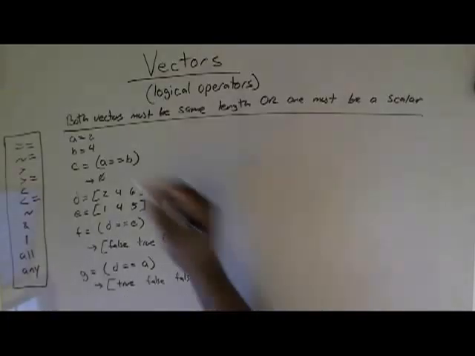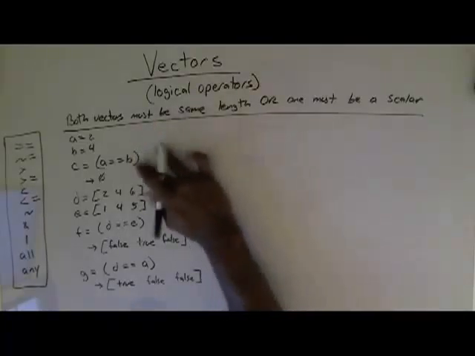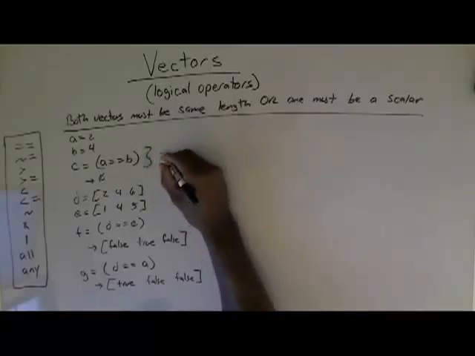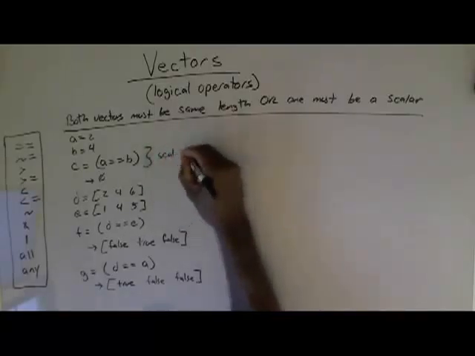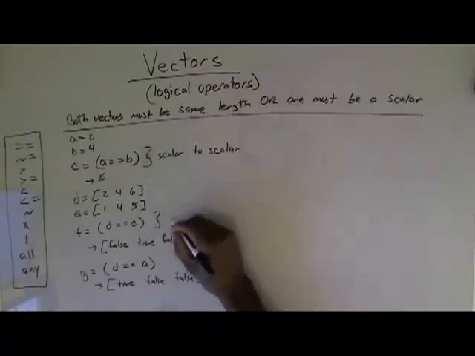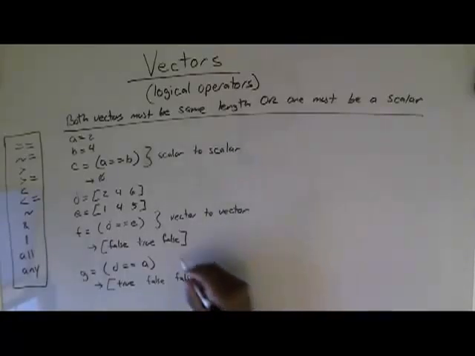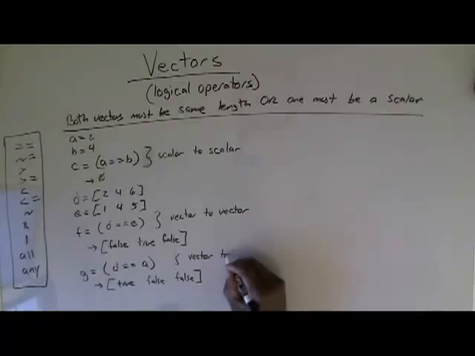Okay? So this here is scalar to scalar. This one here is vector to vector. And this one here is vector to scalar.